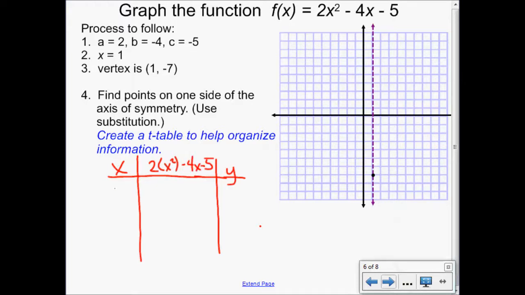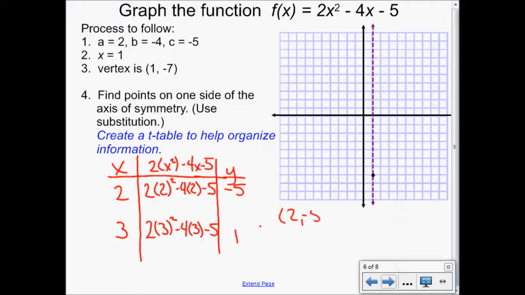So I'm going to use x equals 2 and x equals 3 and calculate my y's using those 2 points. So the 2 points I calculated are 2, negative 5, and 3, 1.